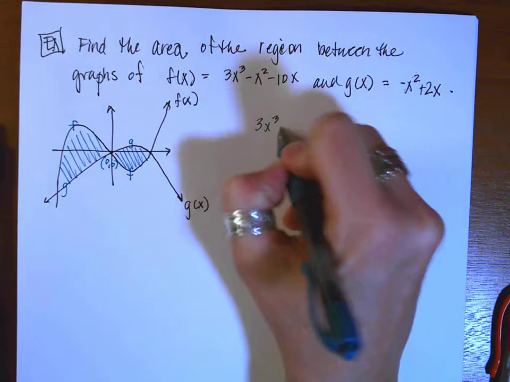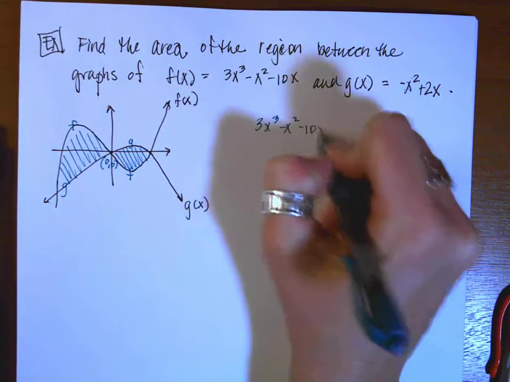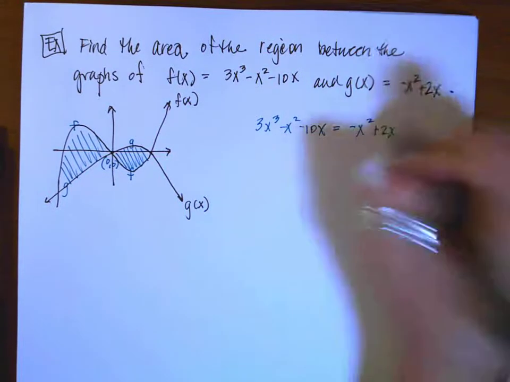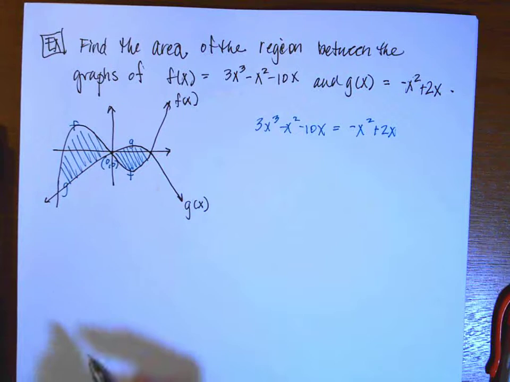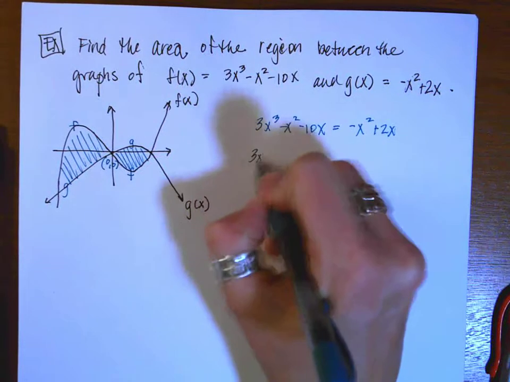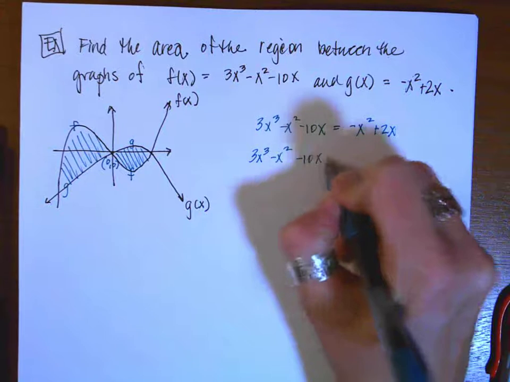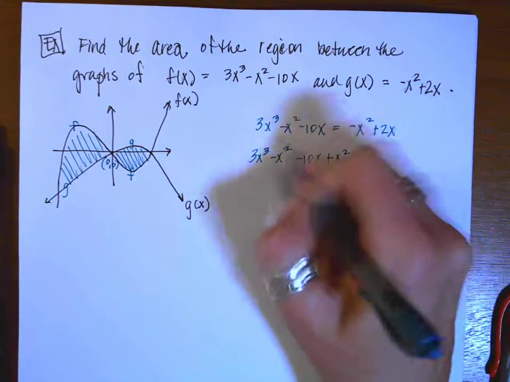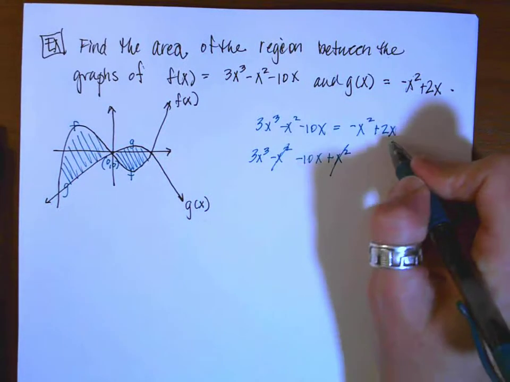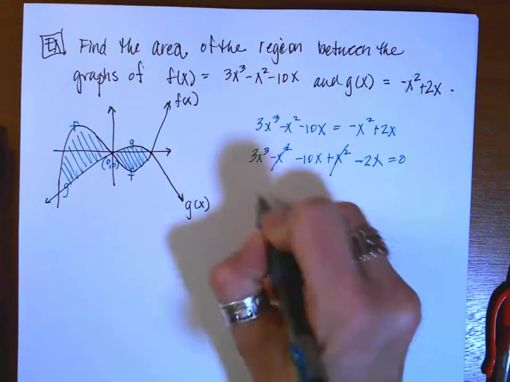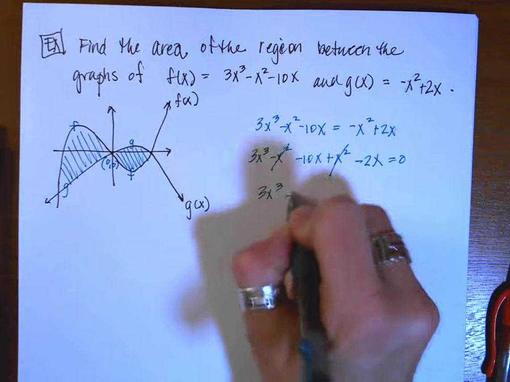So what I need to do now is find my points of intersection by hand, just because we can. Set the functions equal: 3x cubed minus x squared minus 10x equals negative x squared plus 2x. So I get 3x cubed minus x squared minus 10x plus x squared minus 2x equals 0.